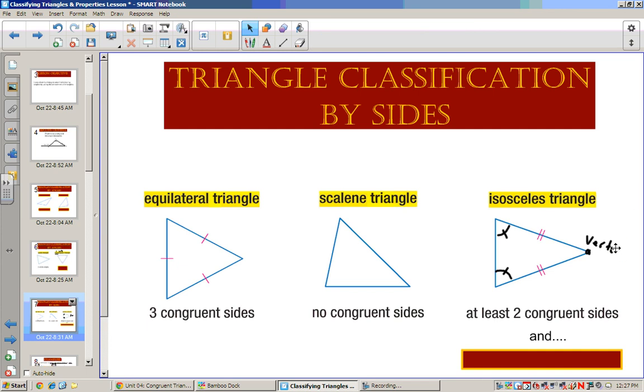And these other ones we call base angles, here and here. Now, notice the definition says at least two congruent sides. So if it has three congruent sides, it would also be isosceles. And here, the base angles in an isosceles triangle will always be the same.